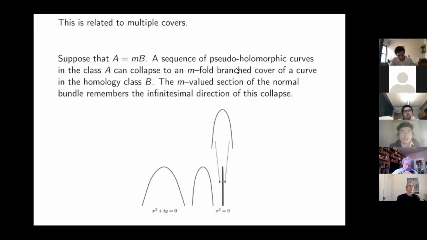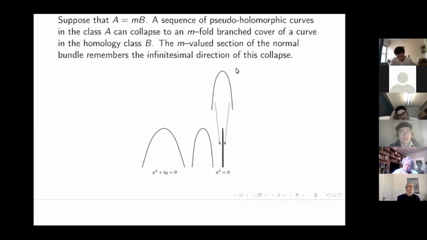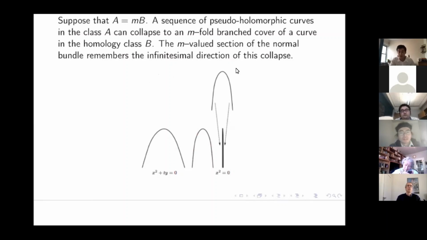What can happen is that a sequence of embedded curves in class A can collapse to an M-fold branched cover of a curve in homology class B. And this is a cartoon of how this can happen. Here these parabolas collapse to a double line. Then the M-valued section of the normal bundle remembers the infinitesimal direction of this collapse.